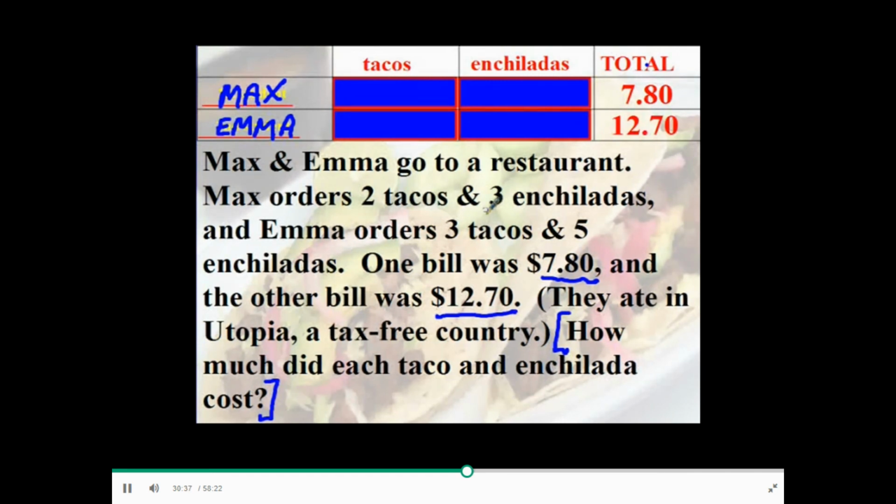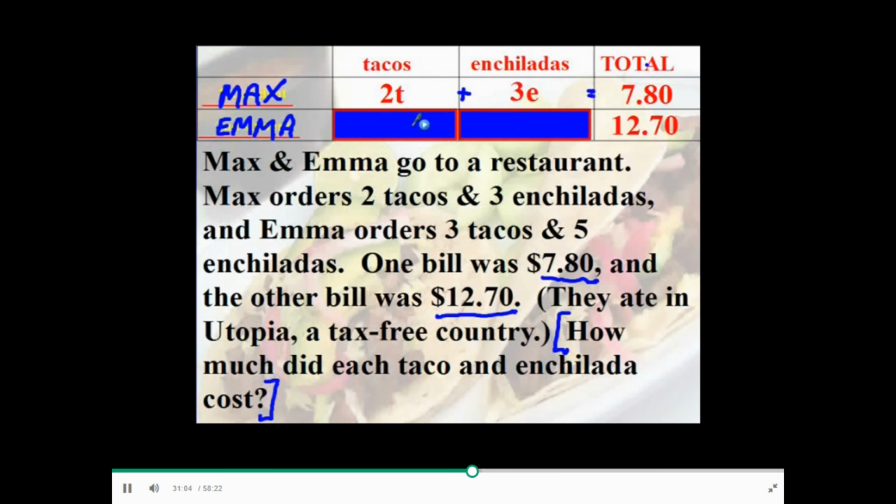Now, since we do not know how much a taco costs, we really don't know what to put here except a T. However, instead of just 1 taco, he's getting 2. So I'm going to put 2T. Then, since he's ordering 3 enchiladas, and we don't know how much an enchilada costs, I'm going to use E for enchilada, and he's got 3 E's right here. We're going to put a plus sign there and equals.